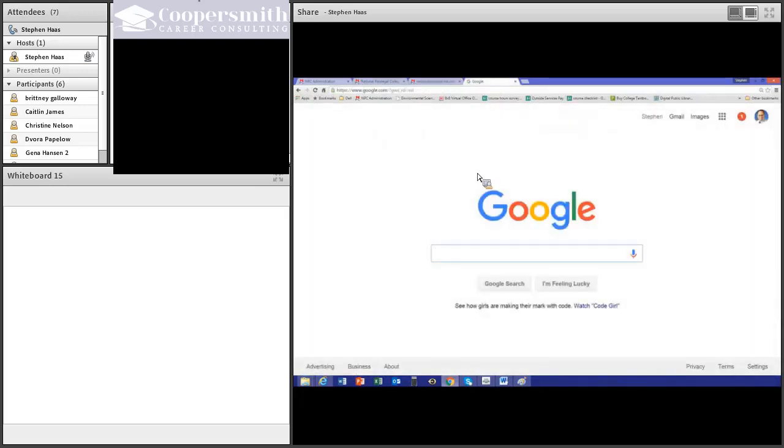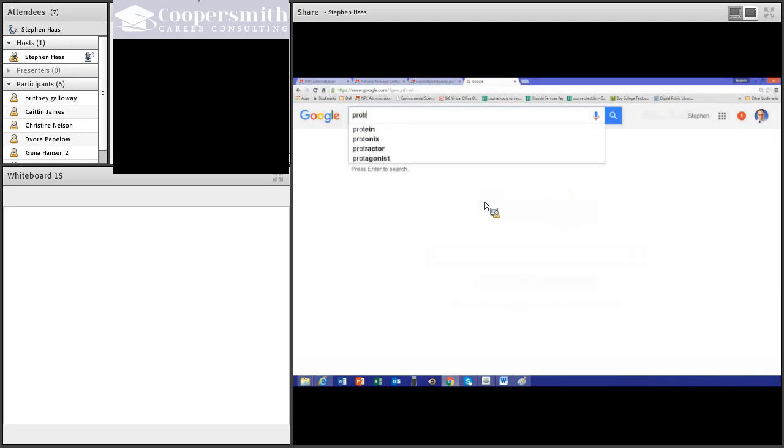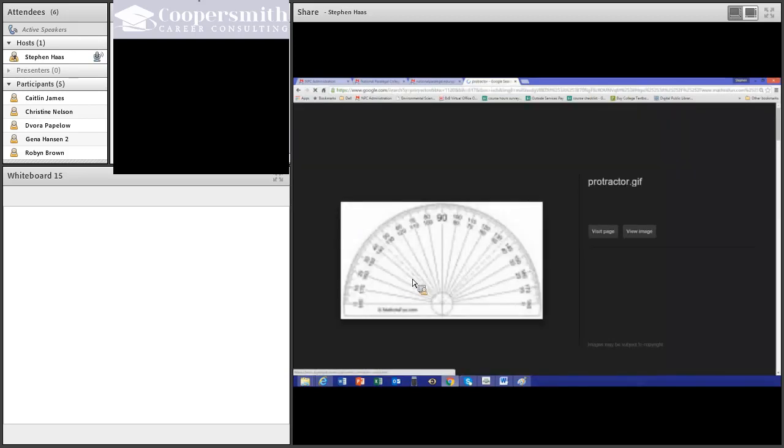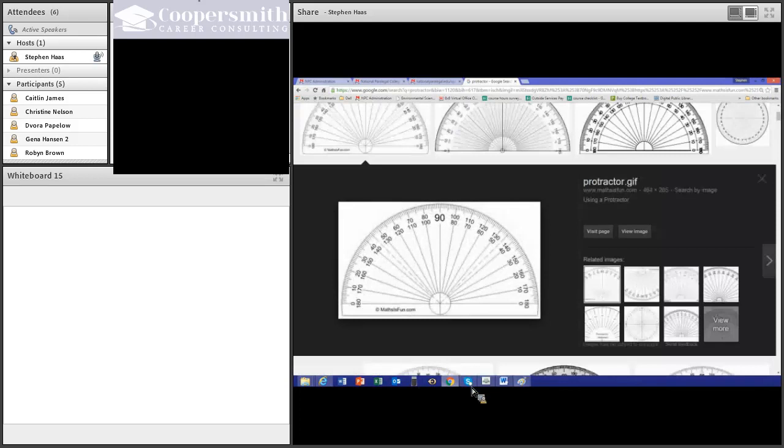So let's find a protractor. Let's do a full 360-degree protractor, because we're going to need two of them.